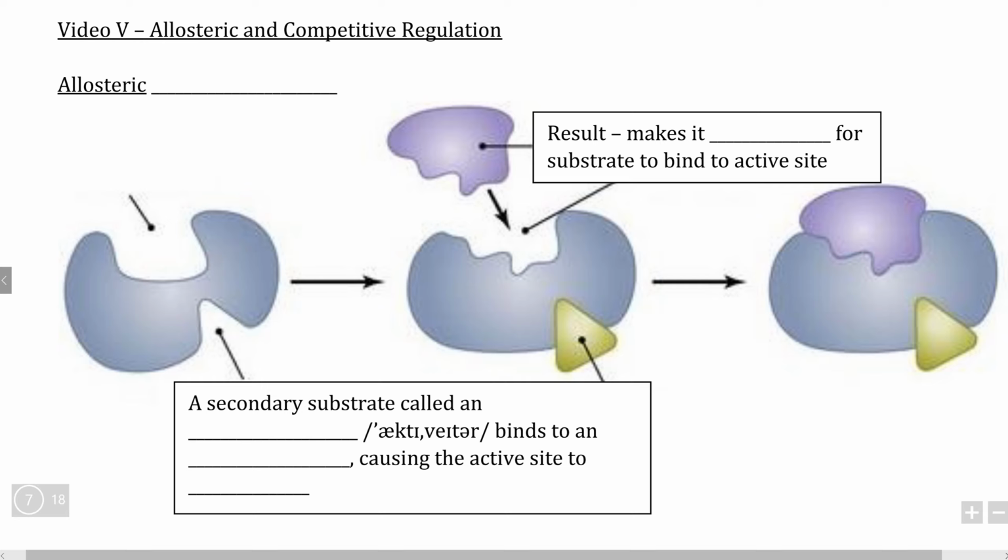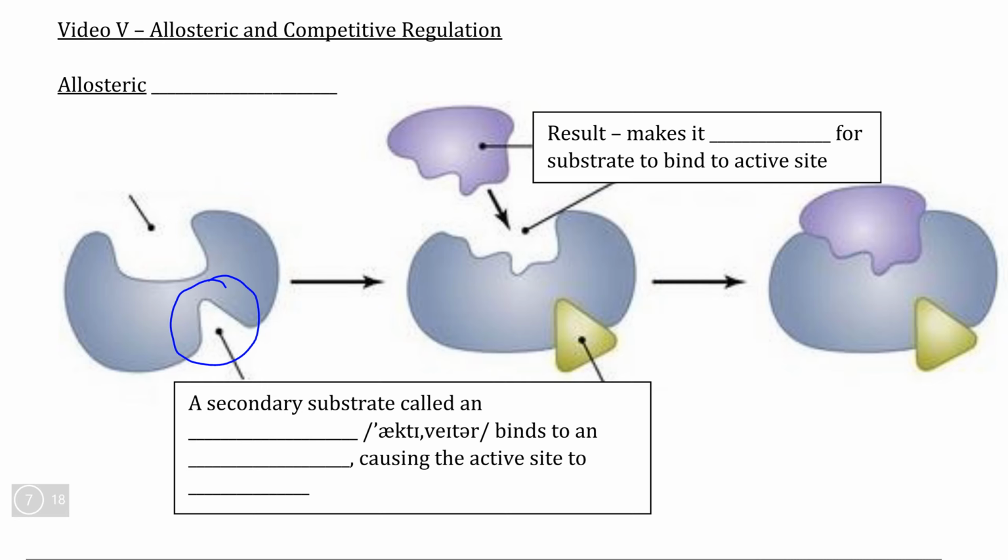At the end of the previous video, we learned about secondary active sites that are located away from the main active sites, which are what we call allosteric sites, meaning other sites or secondary active sites.